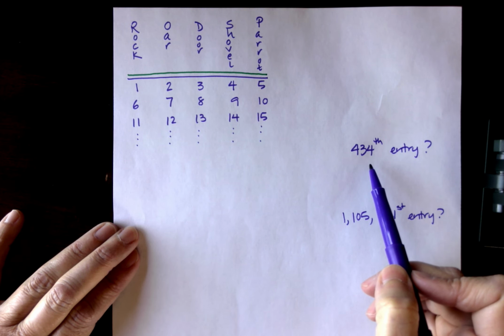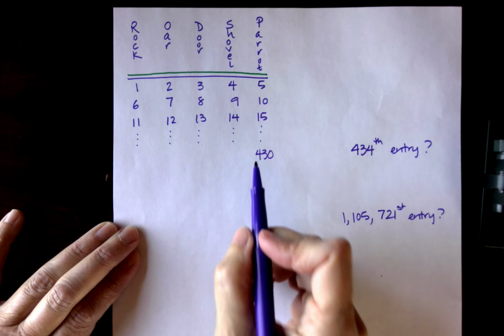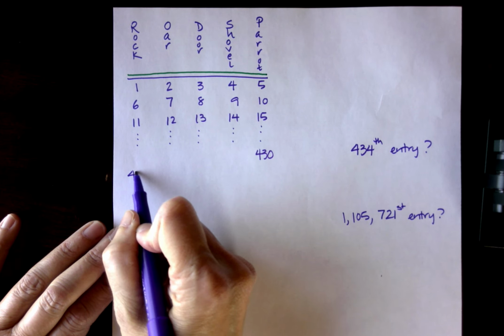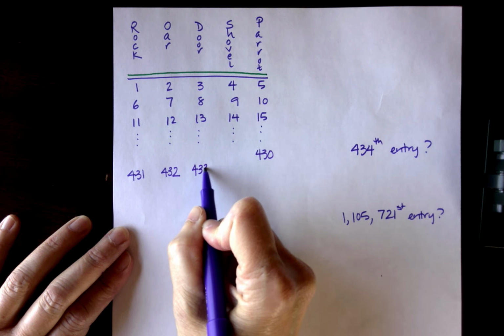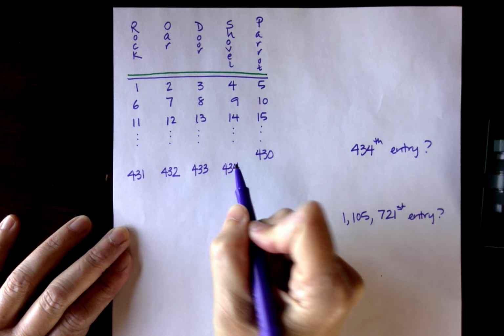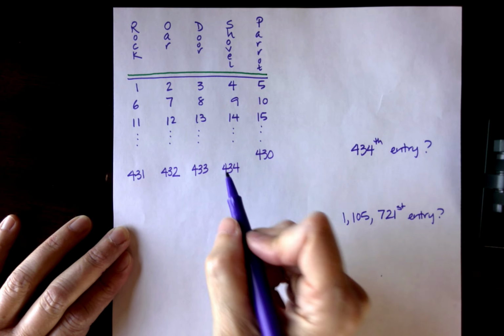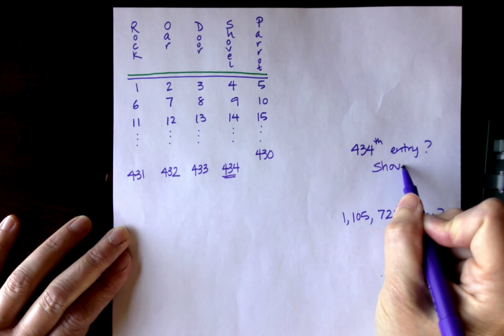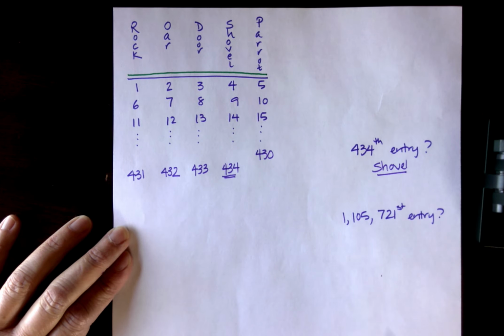So the 430th entry would have to be a parrot, and then we'd wrap around. 431 would be a rock, 432 would be an oar, 433 would be a door, and 434 would be a shovel. So the 434th entry should be a shovel, according to this.